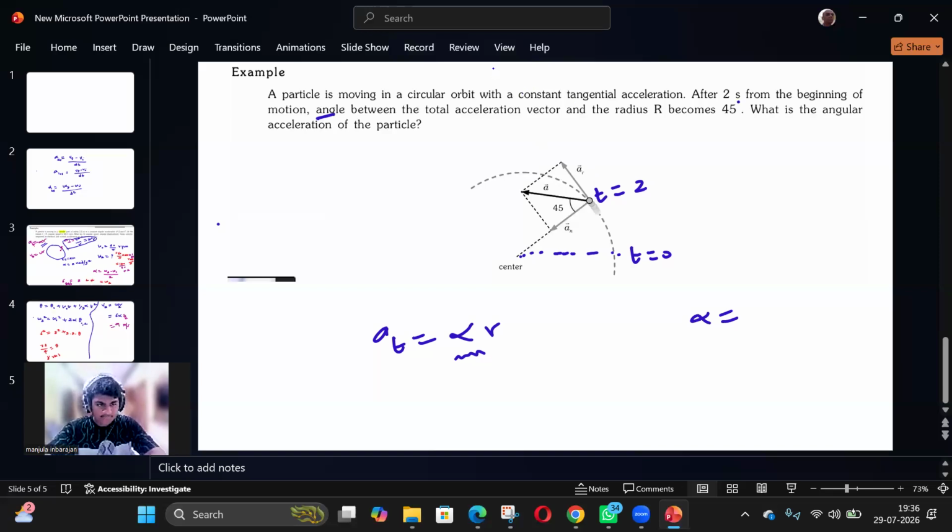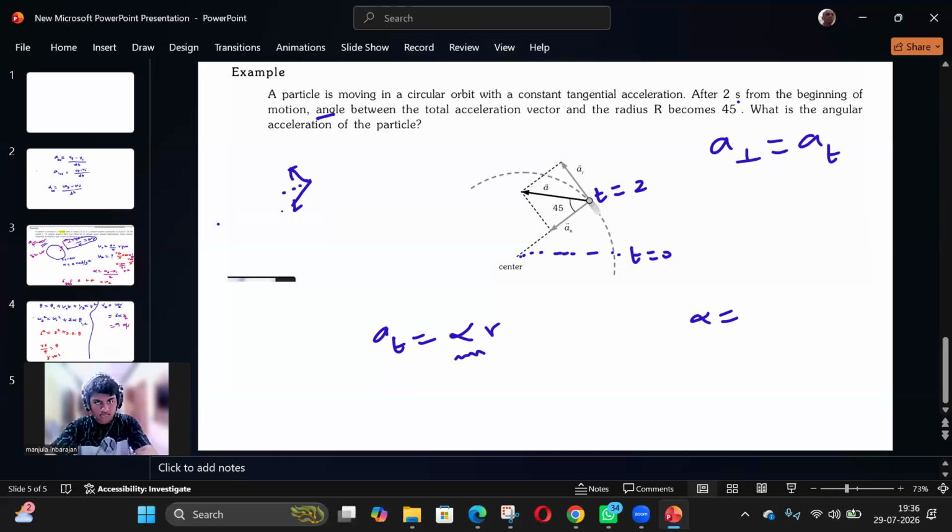So when it is 45 degrees, the radial acceleration and the tangential acceleration are equal in magnitude, because if I add these two vectors and the sum lies between them at 45 degrees, they are equal.